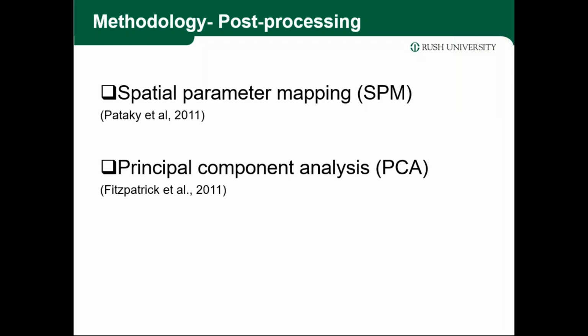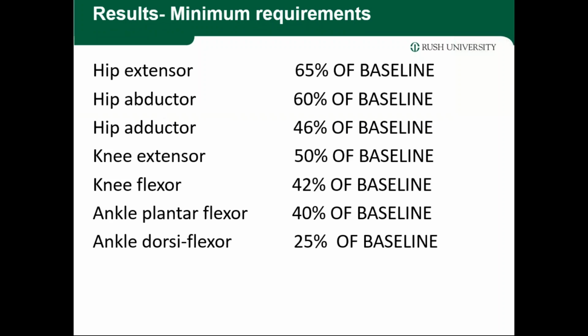And then we also do a principal component analysis in order to measure the sensitivity of each joint force or muscle force due to perturbation in the individual muscle strength. We don't have enough time to review the details of these two techniques, but details are included in the paper, and you can study the paper for further details.